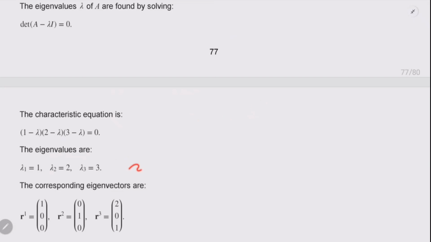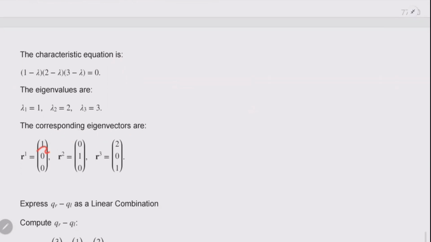Then again we find the eigenvectors. Since we have already done work on finding eigenvectors, you can find them very easily.